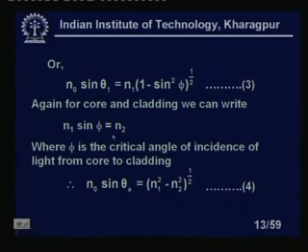Sin 90 degrees is equal to 1. So obviously N1 sin phi equal to N2, where phi is the critical angle of incidence of light from the core to cladding.